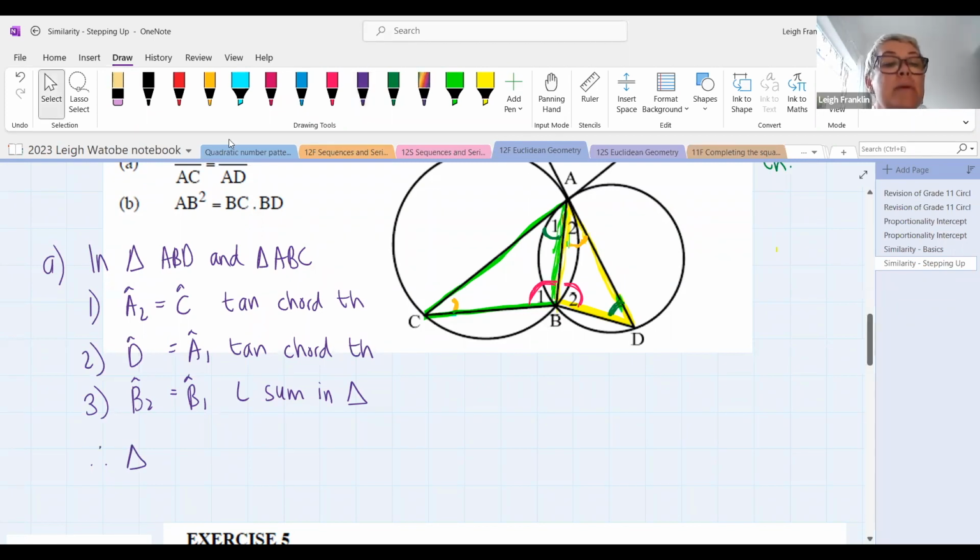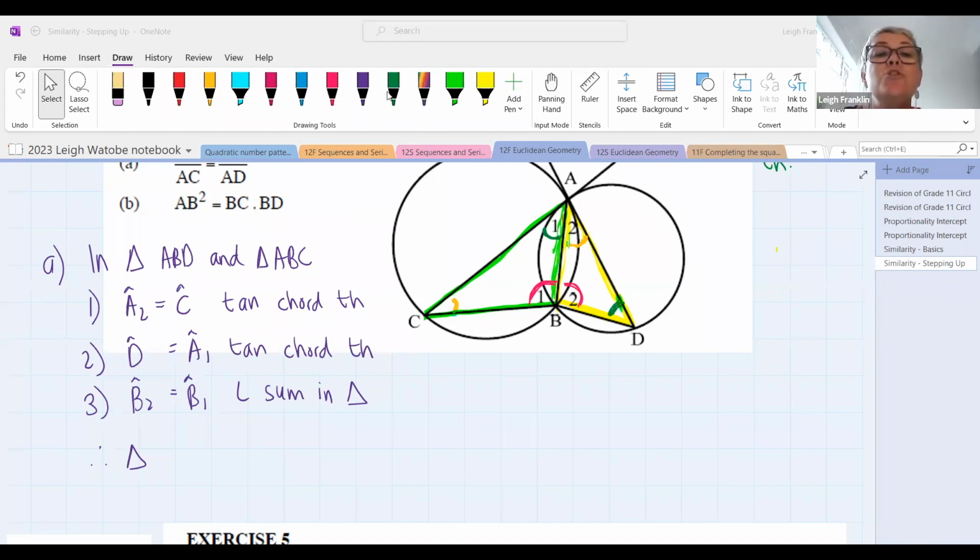Can I say ABD and ABC without thinking it through? Am I allowed to do that? Or do I have to consider this very carefully? No, absolutely good. I cannot just write anything, because I'm going to make my corresponding sides from the order over here. So I've got to make sure that my order is correct.